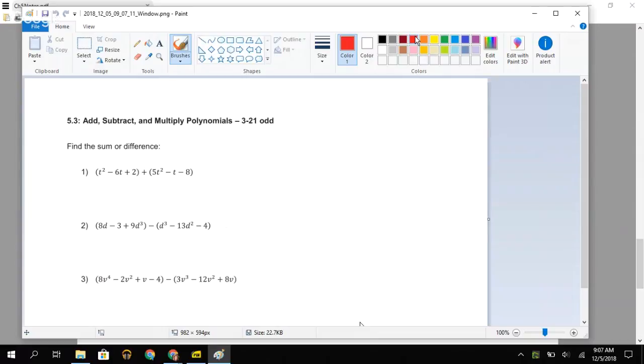You have probably all heard that word before. A polynomial, in basic language, is when you have a set of terms being added together. For example, 3x squared plus 2x plus 5 is a polynomial, because each of these terms, like 3x squared, by itself is called a monomial.